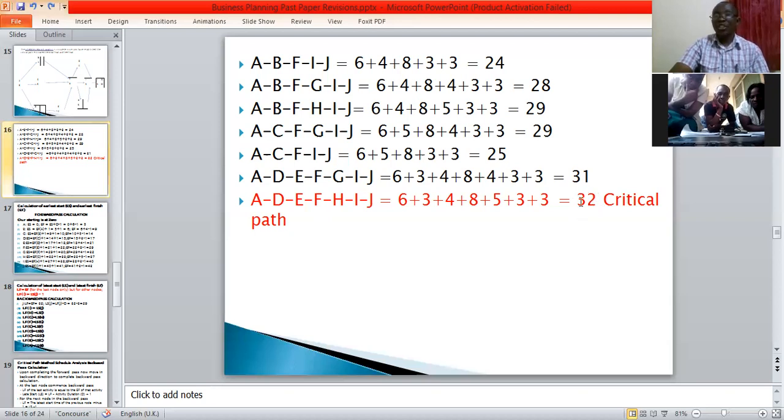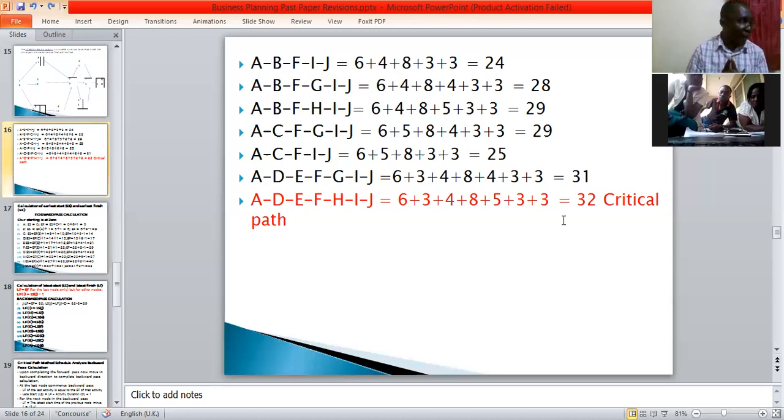And this route is what is called the critical path. So the critical path is the longest route that you take in a project. Any problem? No. So far, so good.